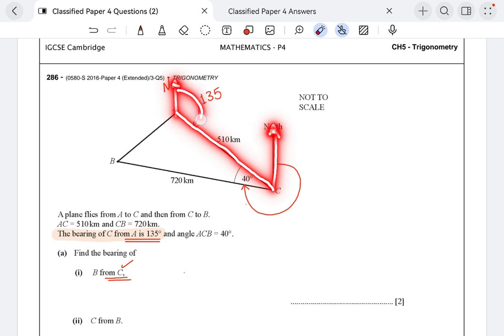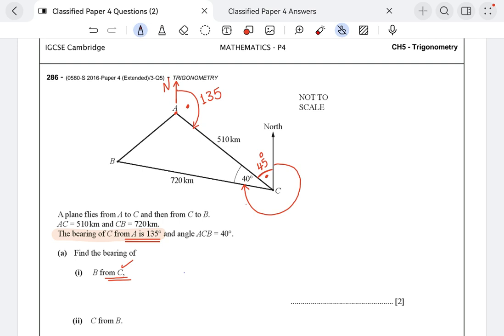This angle inside and this angle inside, both between the parallel lines and both above the transversal, are called allied angles. That means they add together to 180. So this angle is 135 plus this angle here, together they should give us 180, allied angles. So this angle here is 45, first of all.